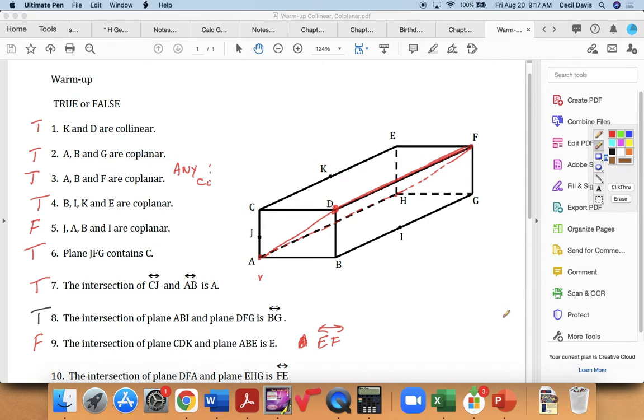And then plane EHG, let's do a different color for that. EHG. All right, EHG is the back. So that's this plane back here. And it's the whole plane. So it's all of this back here.